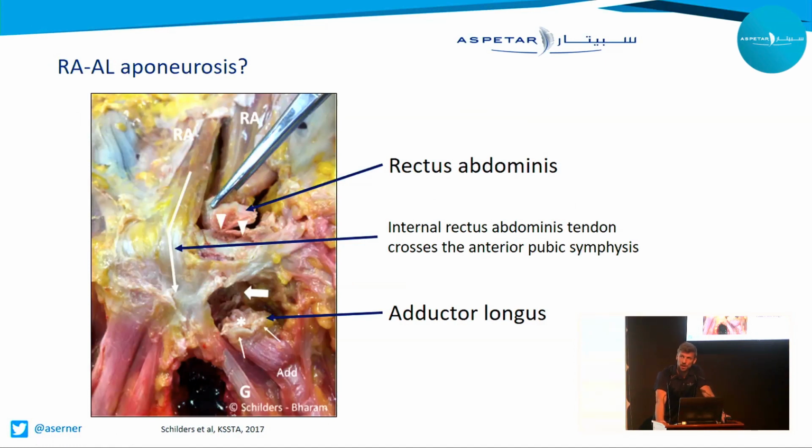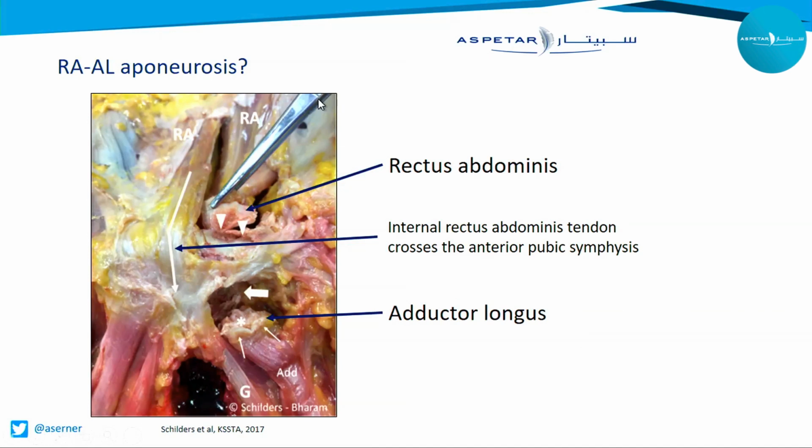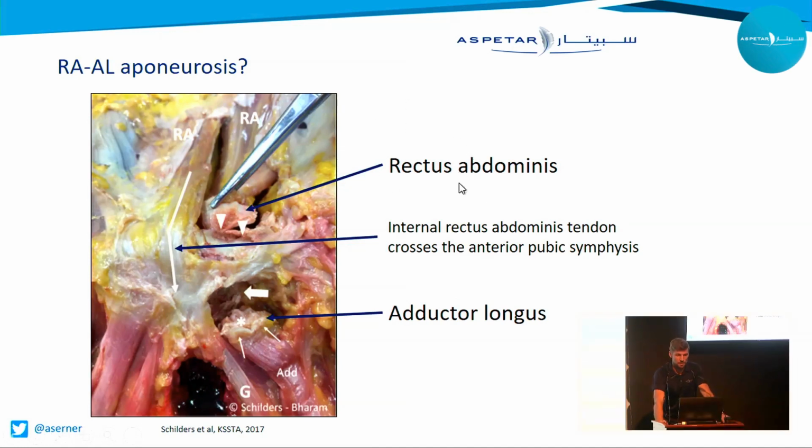But we still talk a lot about this, or many people talk a lot about this rectus abdominis adductor longus aponeurosis. Is that a thing? I think it's becoming more and more clear that it is not a thing. We have the rectus abdominis muscle extending down and inserting clearly here, as you can see, on the pubic bone, so the superior border. And we have the adductor longus with this separate insertion here below the pubic tubercle and medial to that.